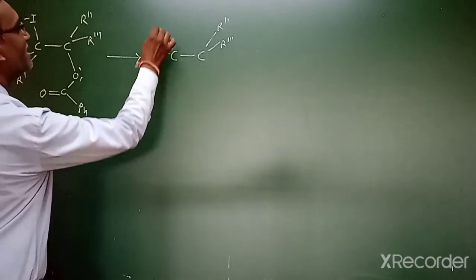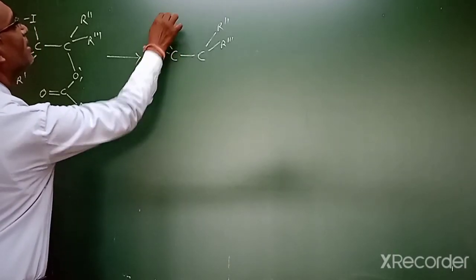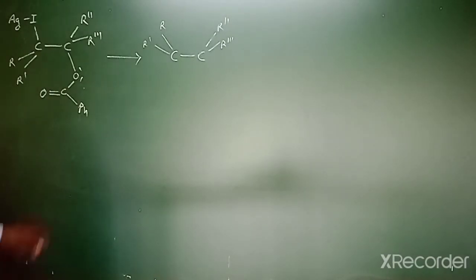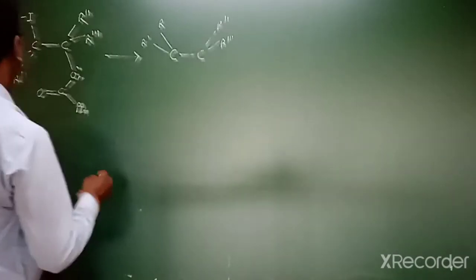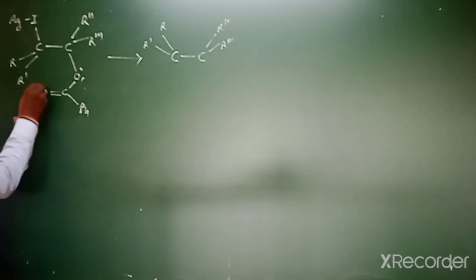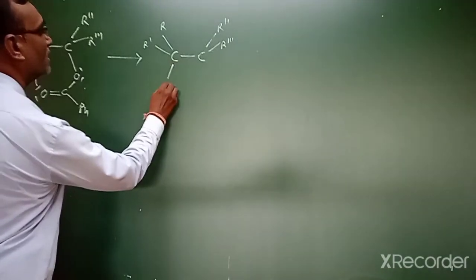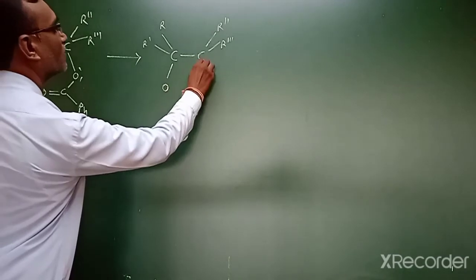After removal of AgI, the conformation of these alkyl groups will change now. At the same time, this electron pair is shared with this carbon, and there is formation of a bond with this oxygen now.